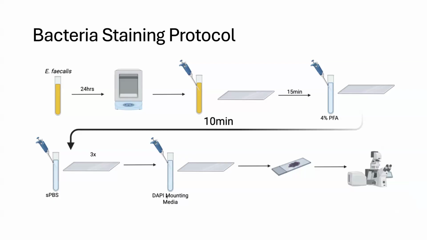That was left on the cover slip for 10 minutes before it was dried off and then washed 3 times with sterile PBS. And then we added a DAPI mounting media, which DAPI is a blue stain that stains the nuclei, what it's interacting with. So in this case, the bacterial nuclei. Then we mounted the cover slip to the slide, sealed it with nail polish, and imaged on the confocal.